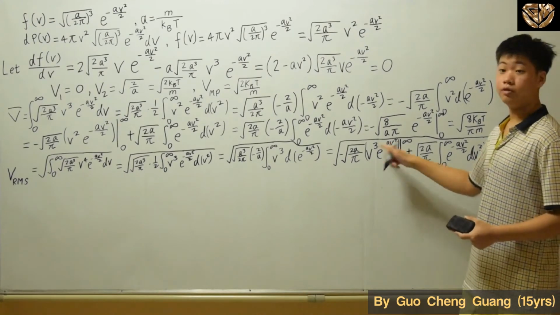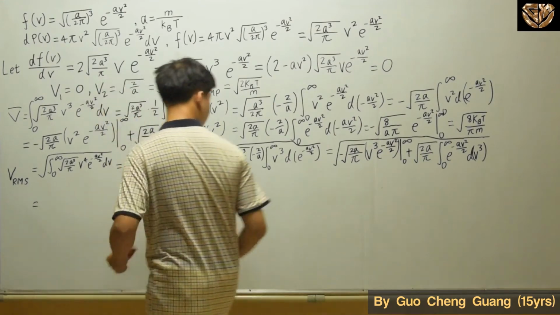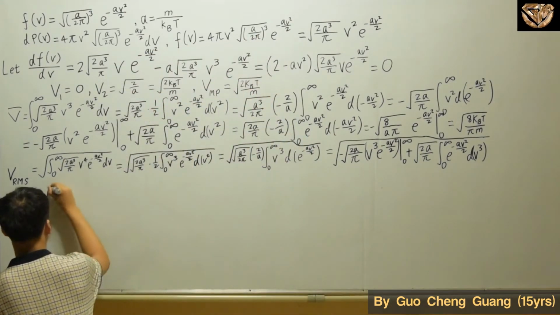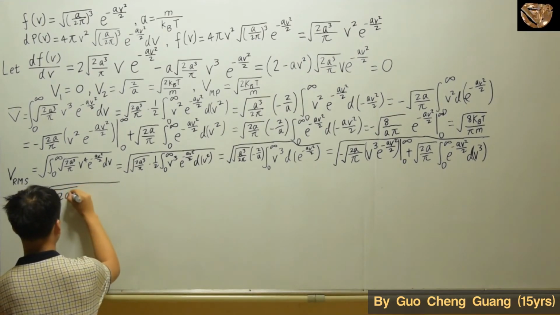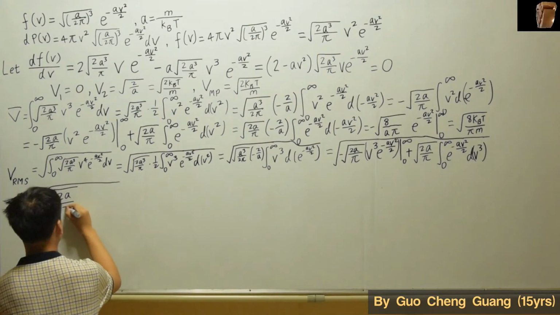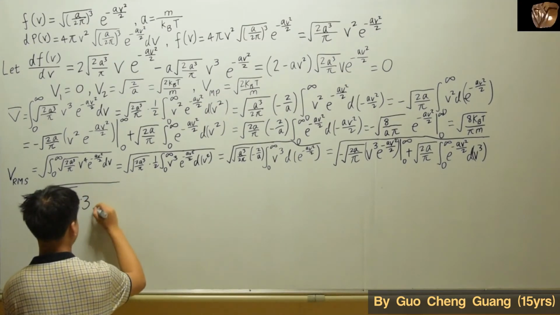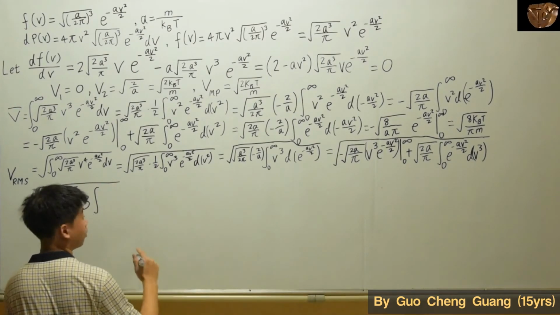So once again, the first term would become 0, so all you're going to have is now square root 2a over pi, and here you have 3, since you can take the v cubed out.